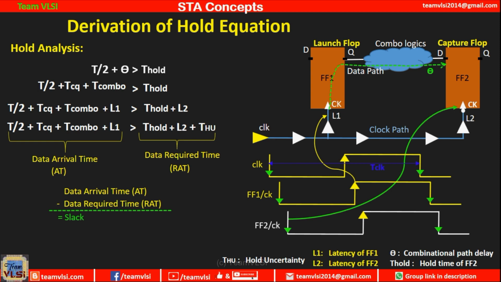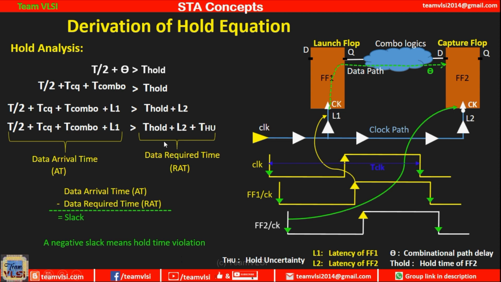In setup, data required time is greater than the data arrival time, and data required time minus data arrival time was the slack, but here it is opposite, right? So if timing is meeting this equation, then definitely our slack will be positive, and if it is not meeting, then our slack will be negative. So a negative slack means hold time violations, right?